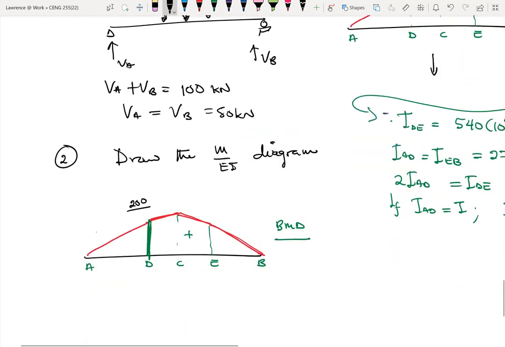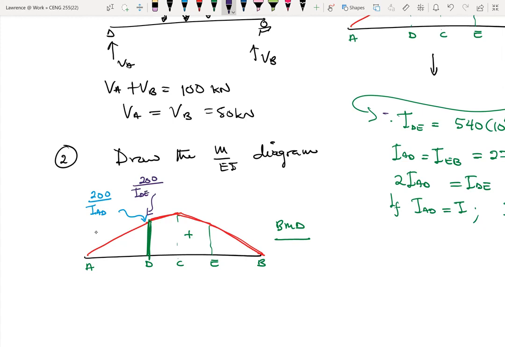Okay. So actually, what is happening here is that, to exaggerate a little bit, here becomes 200 over IAD, and at the same time, it also becomes 200 over IDE.